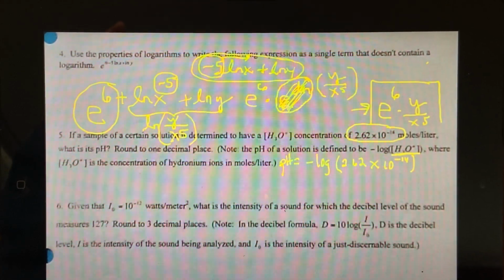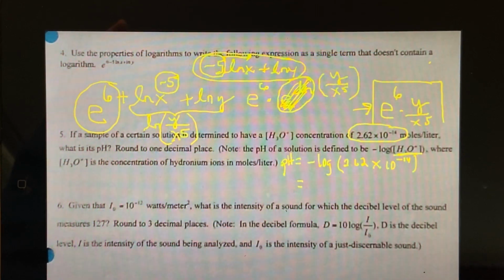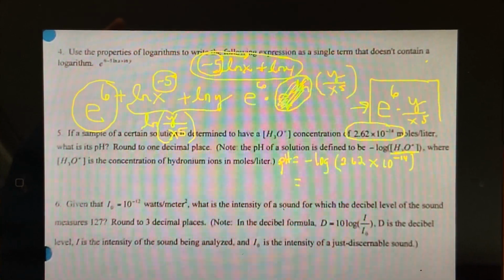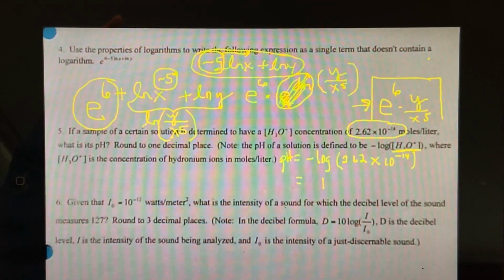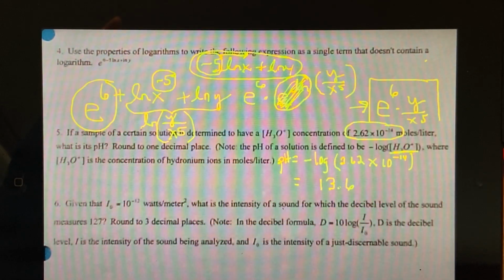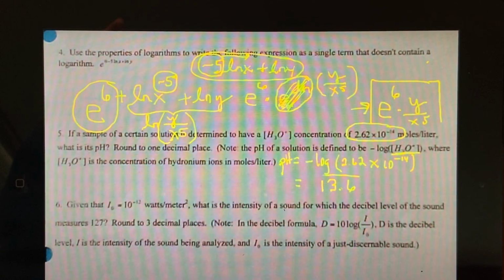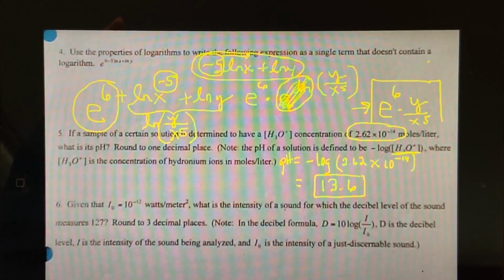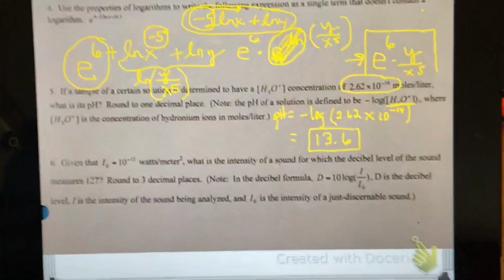I'm just typing that in my calculator, just like I see it. And so when I type that in as is, 13.6 is my pH for that particular hydronium ion. That's all you do. It looks intimidating, but type it in.